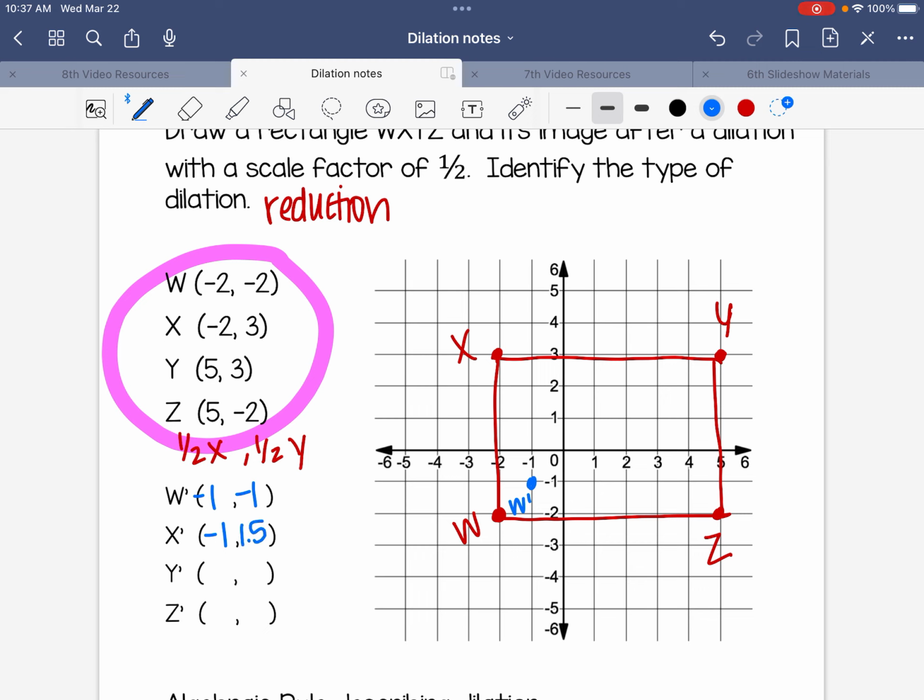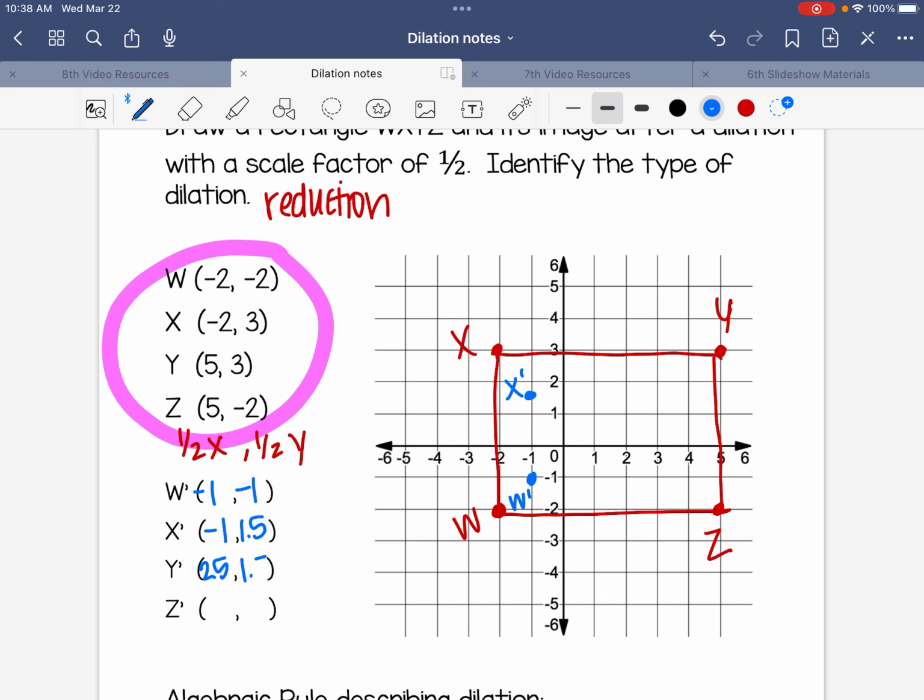So (-1, 1.5). Half of 5 is 2.5 to find Y prime's x-coordinate, and then half of 3 is 1.5. So Y prime will go at (2.5, 1.5). And then Z prime will be at (2.5, -1). So here we have our new image, which is our new rectangle.